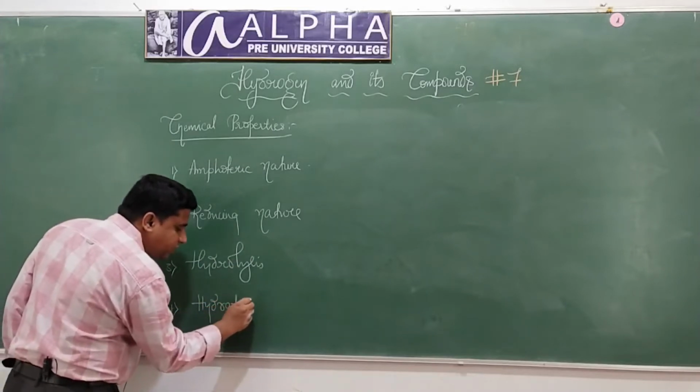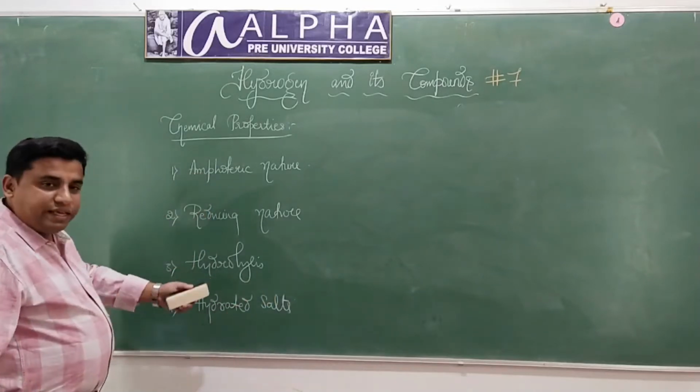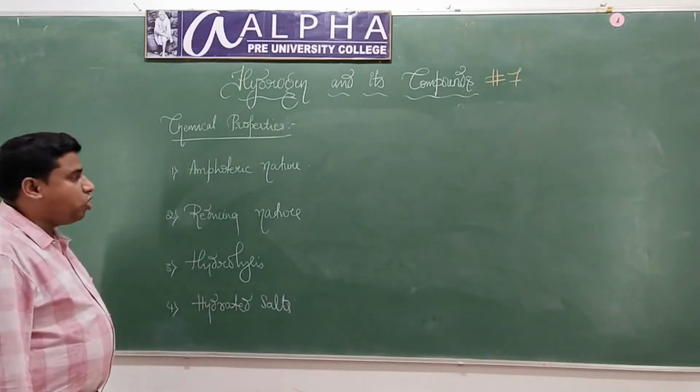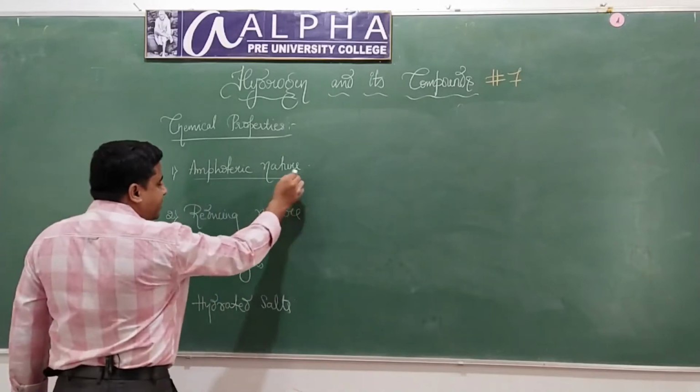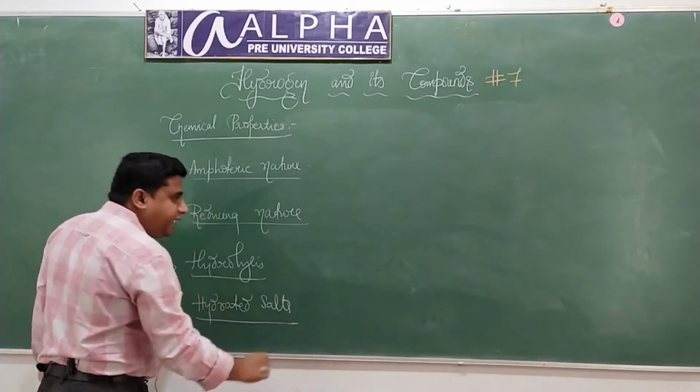Understood? So we will talk about these different chemical properties of water: amphoteric nature, reducing nature, hydrolysis, and hydrated salts.